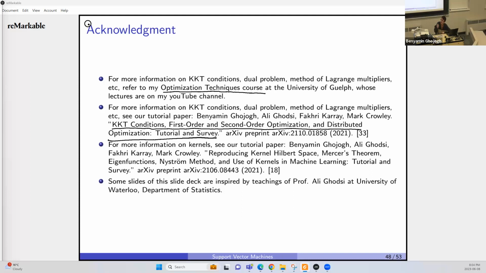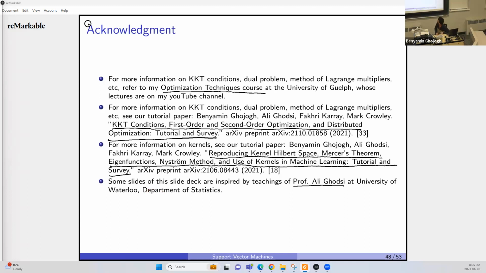For more information on kernels, see our tutorial paper, reproducing kernel Hilbert space, Mercer's theorem, eigenfunctions, Nystrom method, and use of kernels in machine learning tutorial and survey. By the way, the kernels that we talked about are also called Mercer kernels. Mercer was one of the scientists who worked on kernels. Some slides of this slide deck are inspired by teachings of Professor Ali Ghodsi at University of Waterloo, Department of Statistics.